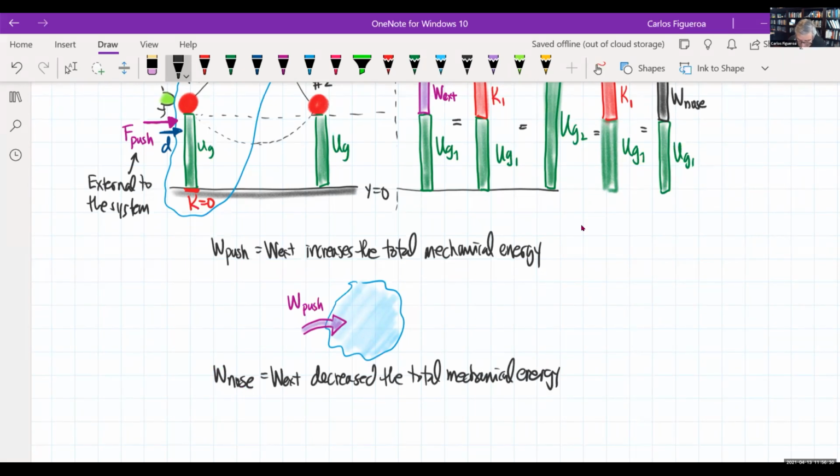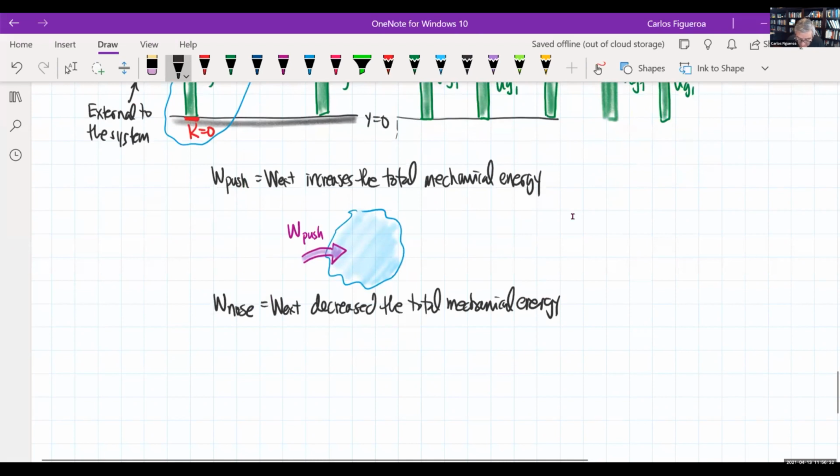And in this process, what you're seeing here is that now my system, I am literally taking energy out of my system. And as I'm taking it out of my system, I'm looking at it moving, leaving the system here. And this would then be the work of the nose.